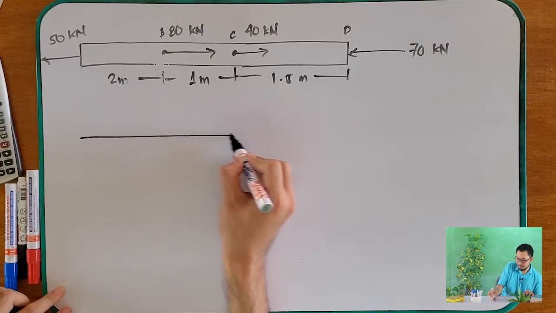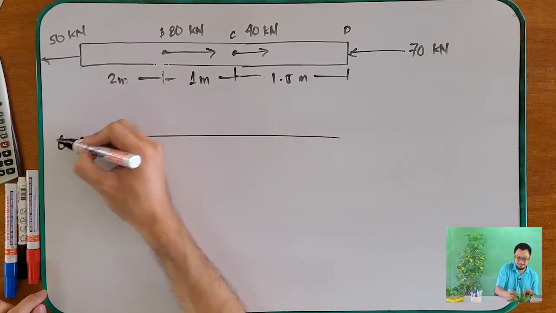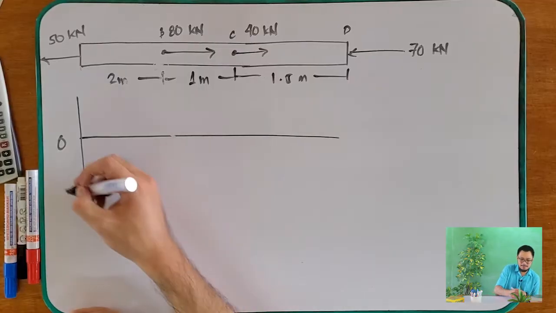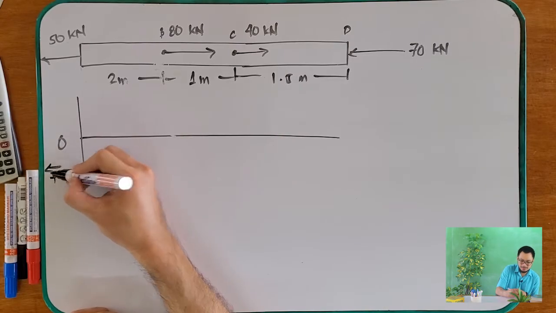Okay? Now, what are we going to do? We will graph this. We will graph the behavior of our normal force. Okay, you have learned how to graph the shear before, but now we will use it for the normal force graph. So this is your 0. Okay. So, let's say positive is the direction here.